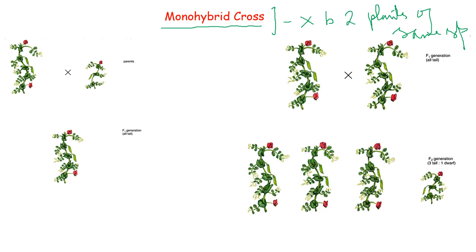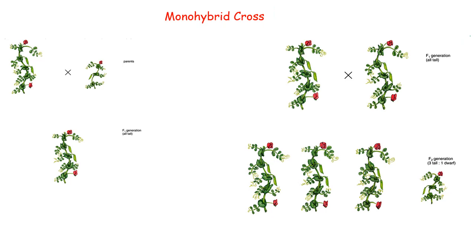So in a monohybrid cross we have a cross between two individuals and the transmission of only one character is under consideration. Now let's try to understand the law of segregation with the help of this monohybrid cross.